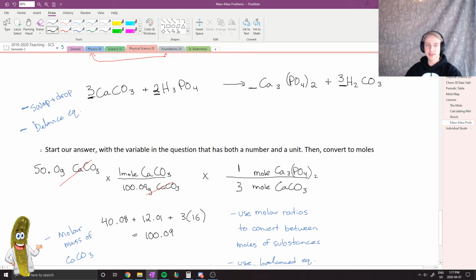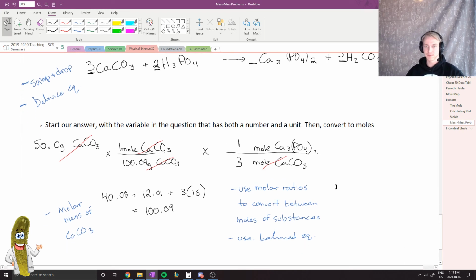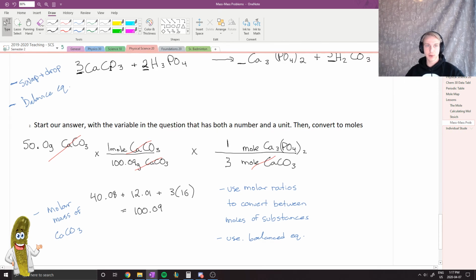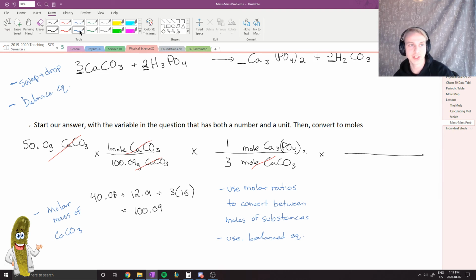So now what I've done is I've gotten out of moles of CaCO3. I no longer am in moles of CaCO3. Instead, what I'm left in is moles of Ca3(PO4)2. So the next step that I would want to take then is I would want to go where the question is asking. So I'm going to write that in blue down here.